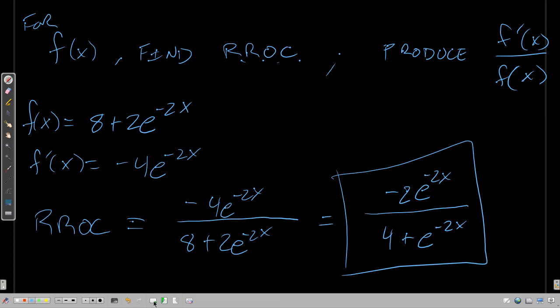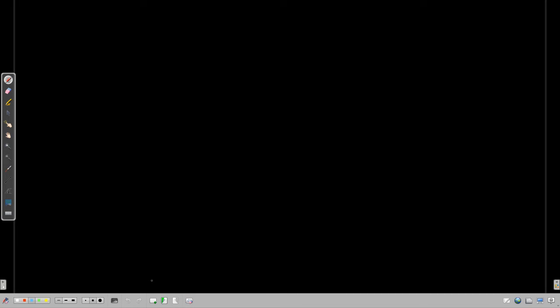Or if there's no interval stated, then it's on the entire domain of the function. Looking if there's one that I like from the review. Okay, number 20.